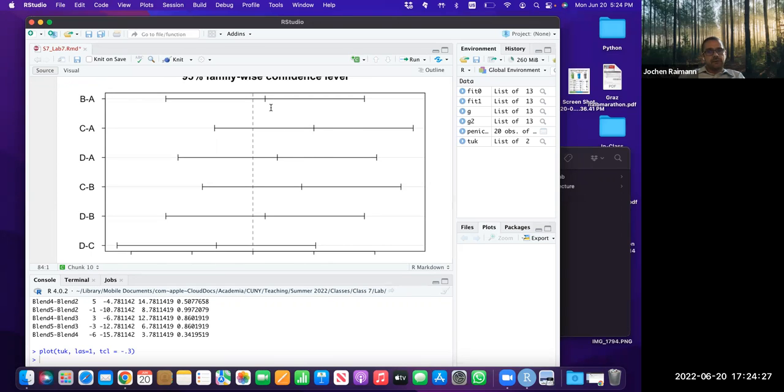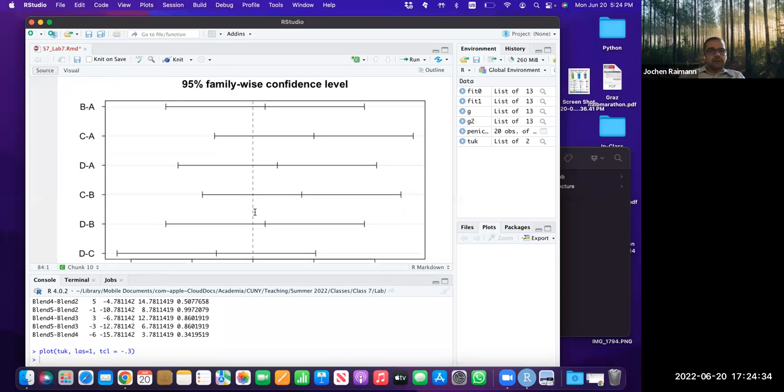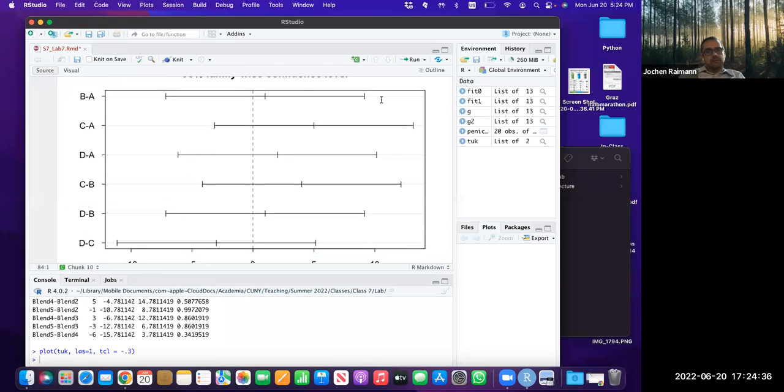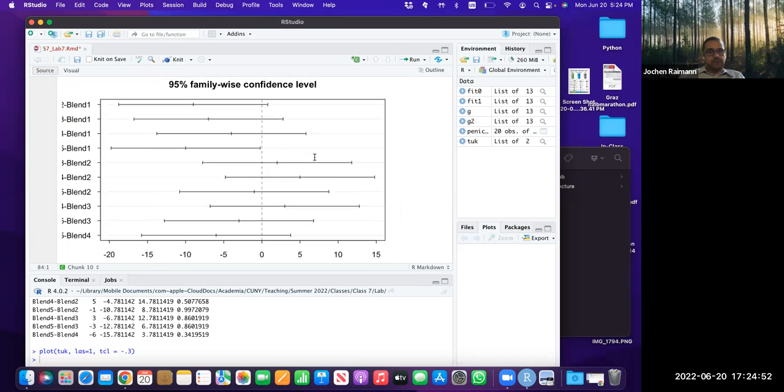So essentially, just as a rule of thumb, your zero is basically your guiding star. As soon as the 95% confidence interval is overlapping the zero, there's no significant difference between the respective groups. Only the 95% confidence interval not overlapping zero shows you that there are differences between the respective group comparisons. So here this would be blend, a little cut off.